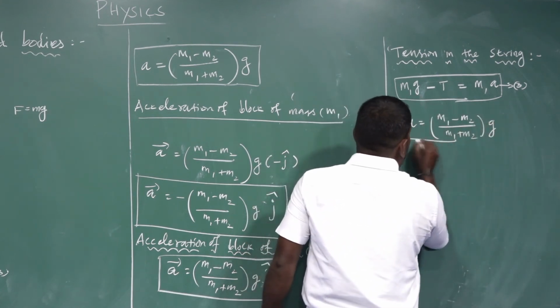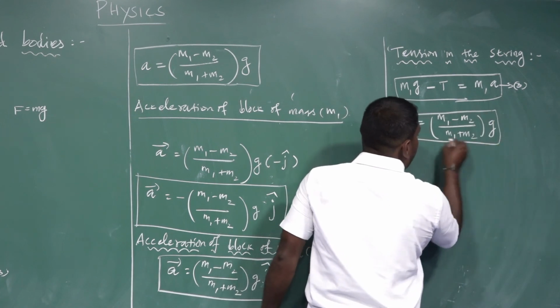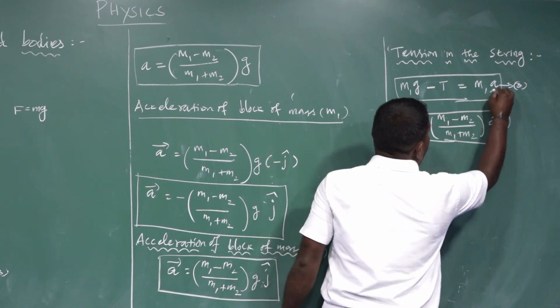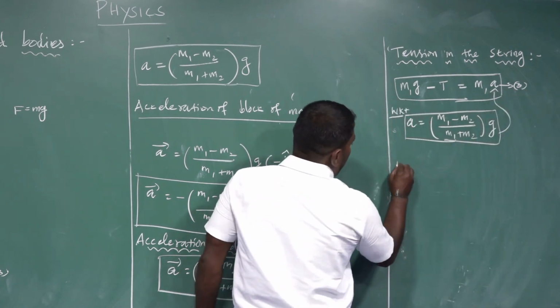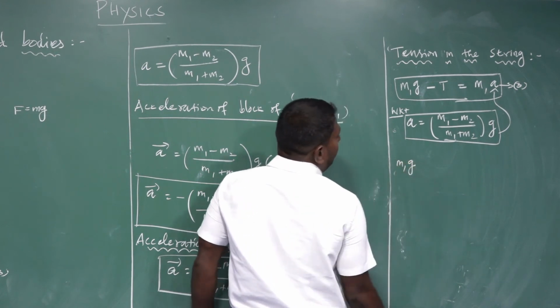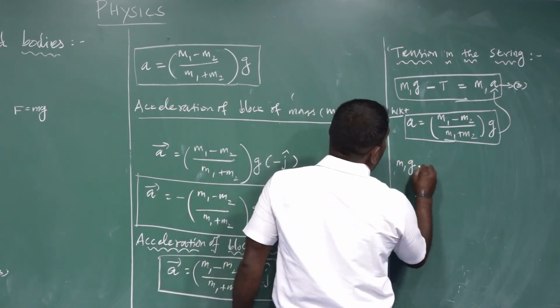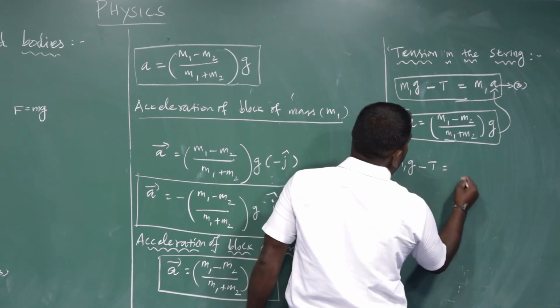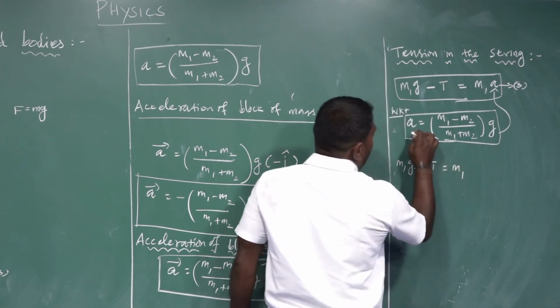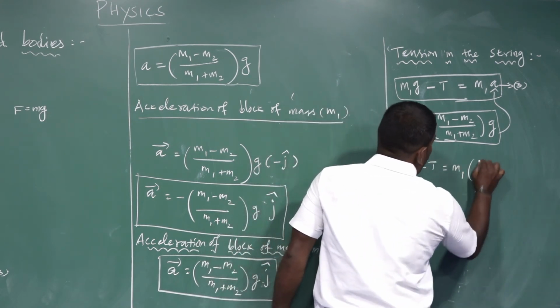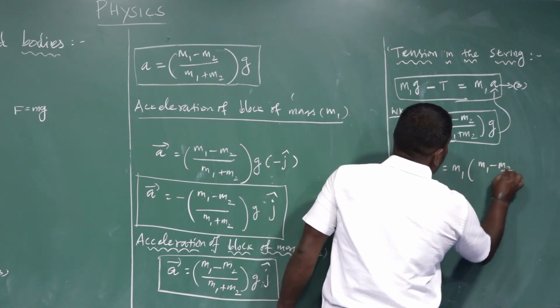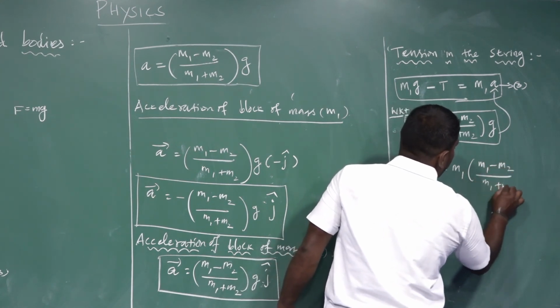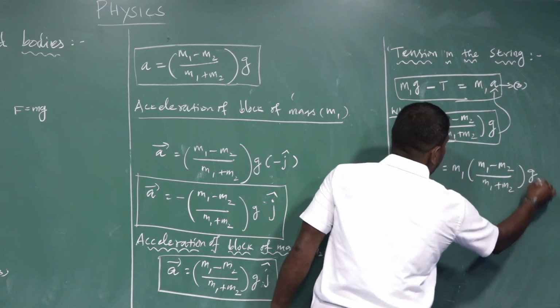So this acceleration expression is substituted in equation 3: m1 g minus T is equal to m1 times (m1 minus m2) divided by (m1 plus m2) into g.